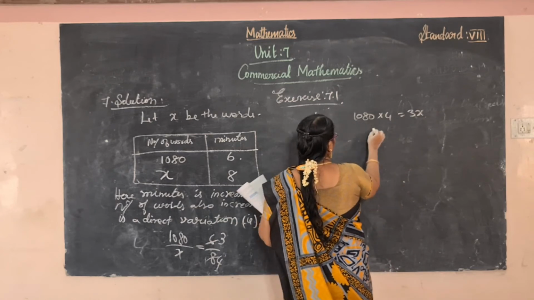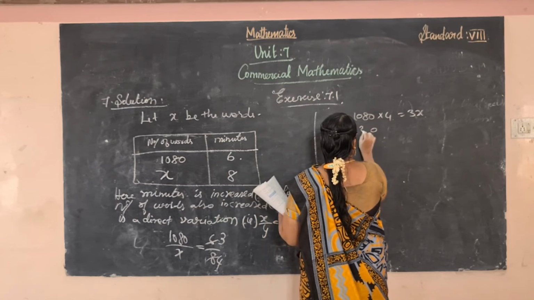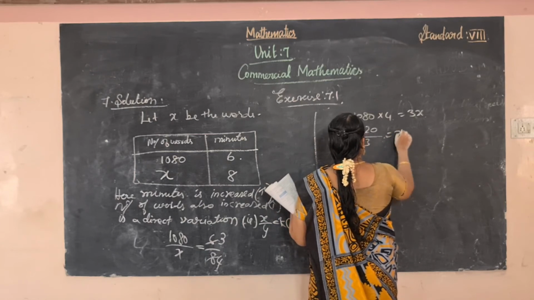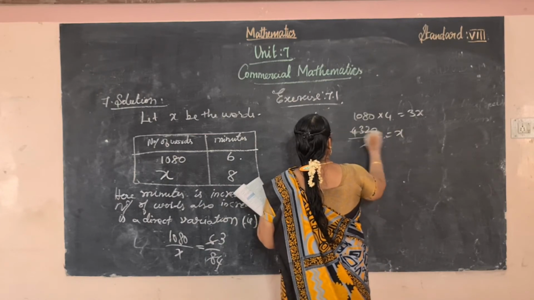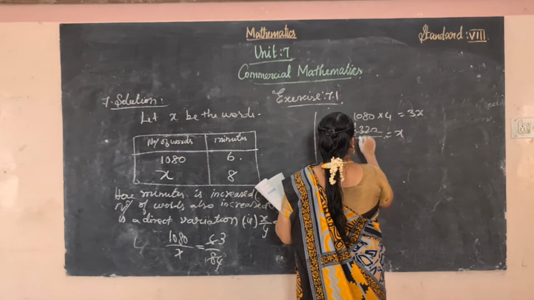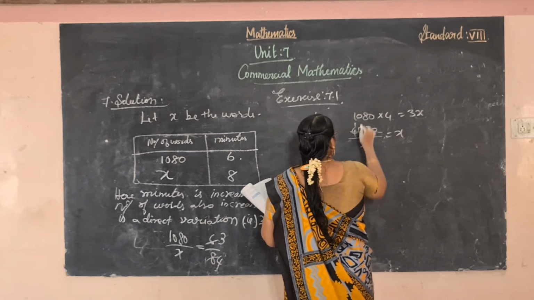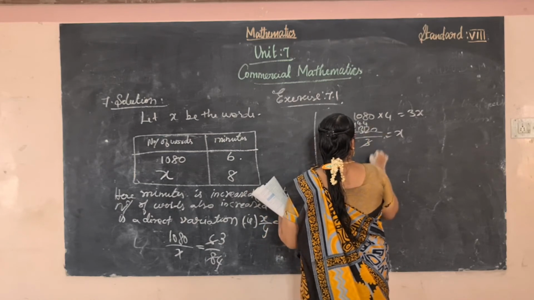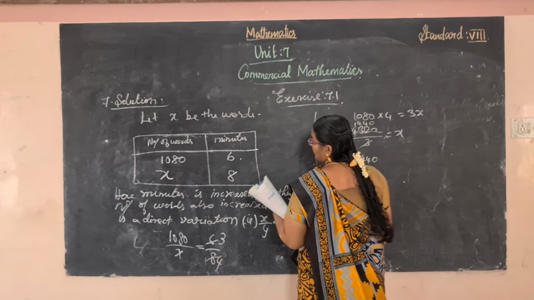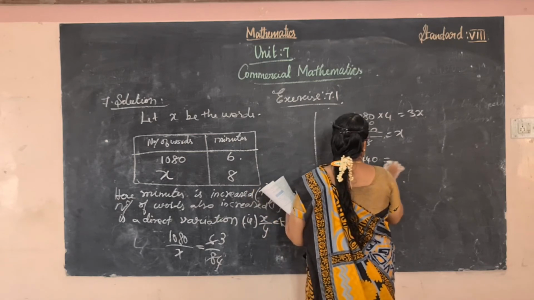Multiply: 0, 8 4s are 32, 4. Or divided by 3 equal to x. It cancels in the 3 table. 3 4s are 12. So 1440 words.